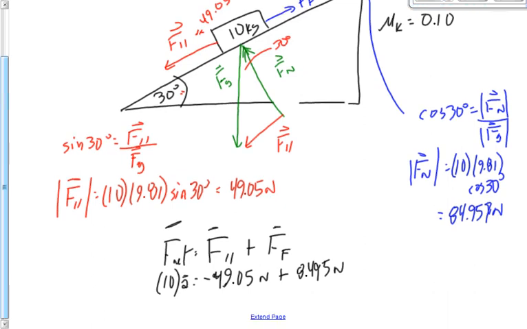Now it comes to the really easy part, right? Add those up on the right side, divide it by 10. Done. 8.4? 8.495. So what do we get for A?